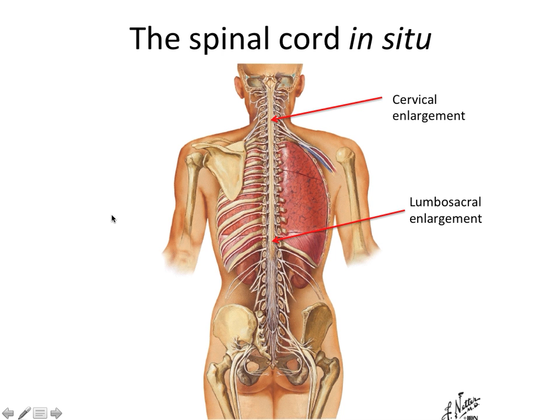Now the question you might be thinking is, why is there an enlargement there? And that's a good question. And the reason is that in regard to the cervical enlargement, the nerves to the upper limb come from the region of the cervical enlargement.